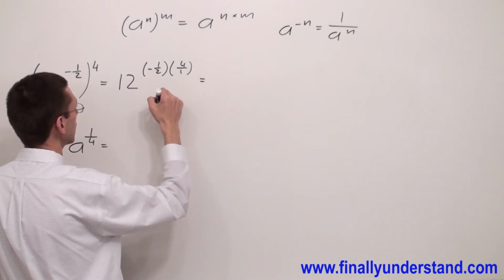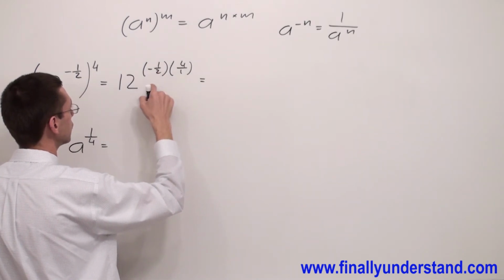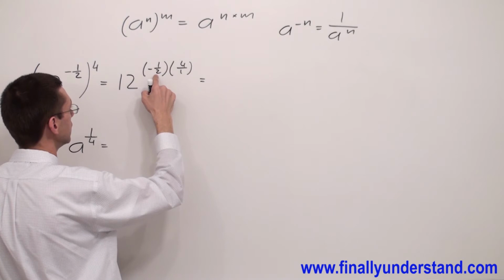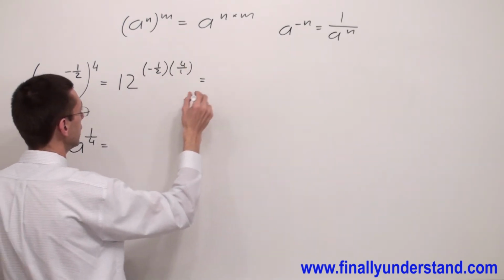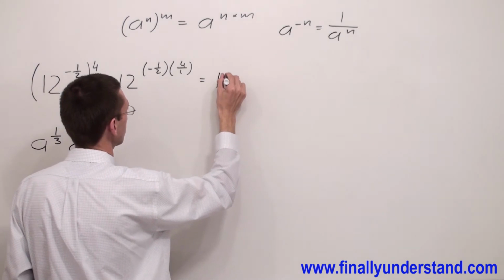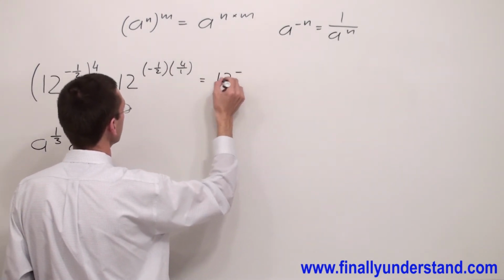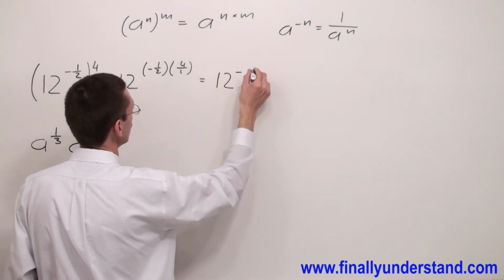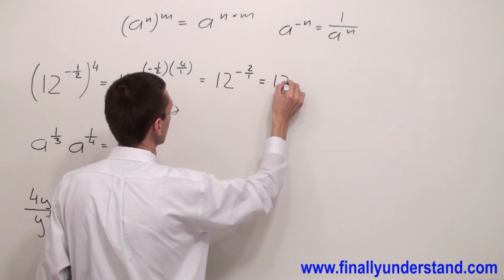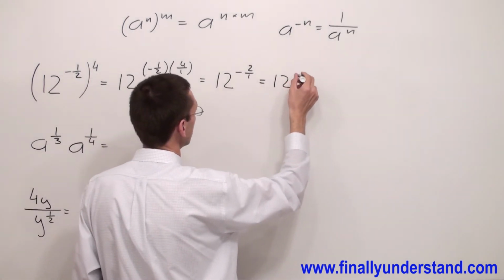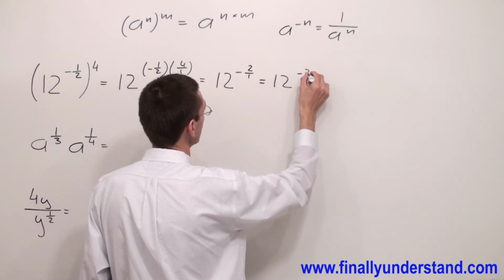Now I'm going to reduce these fractions because I have 2 in the denominator over here and I have 4 in the numerator over here. So I'm going to have 12. Negative times positive will give me negative, and I have 2/1, which is equal to 12 to the power negative 2.